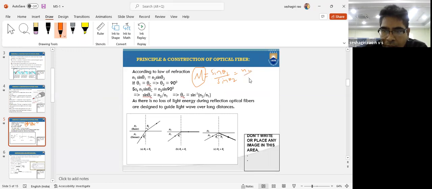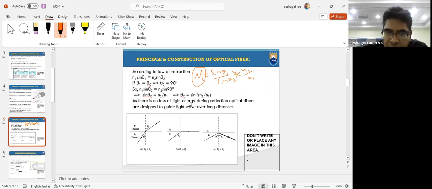If you cross multiply this relation, you get n1 sin theta 1 equals n2 sin theta 2, right? Now if you apply the condition that theta 1 equals theta c, then theta 2 is equal to 90 degrees, and we can write the critical angle theta c equals sin inverse of n2 by n1.